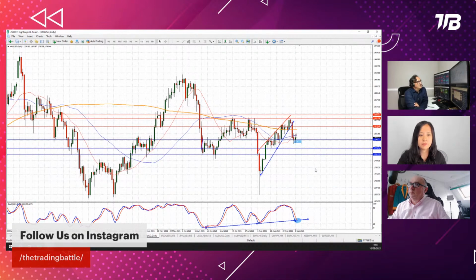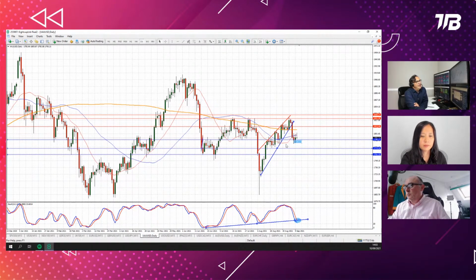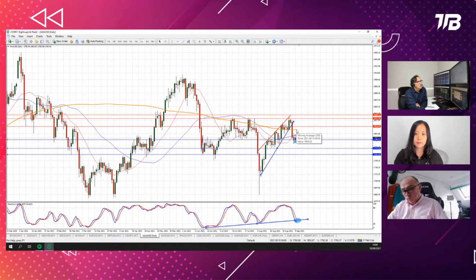The key level that I was looking at was 1808, which is my 200-day moving average. It's actually 1809 on this chart now. I would be a buyer of gold above 1808, with an end of day close above 1808.